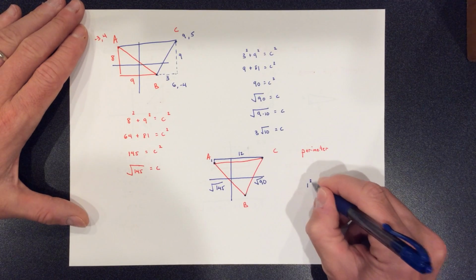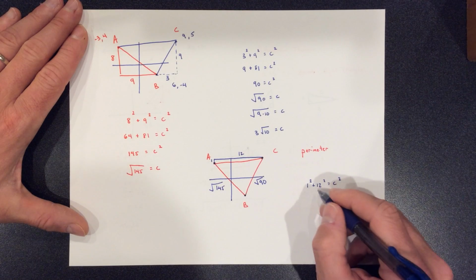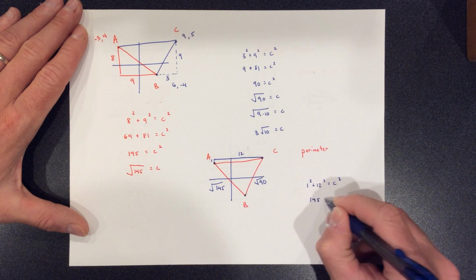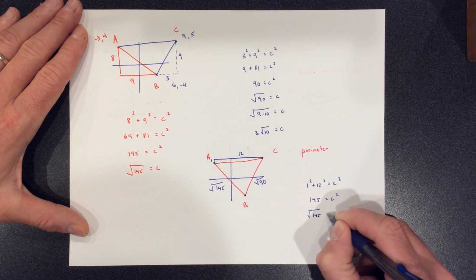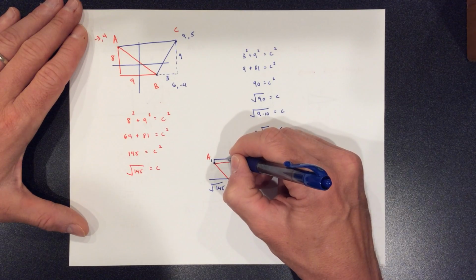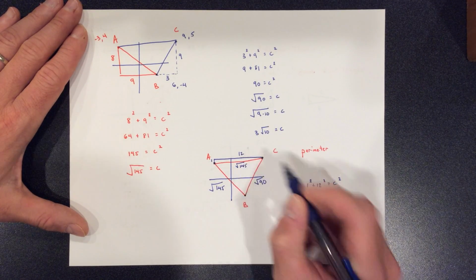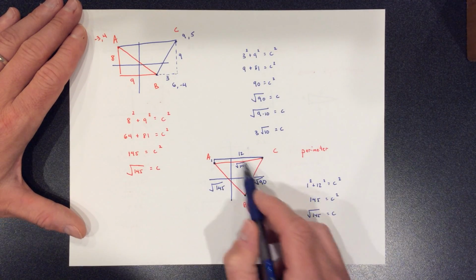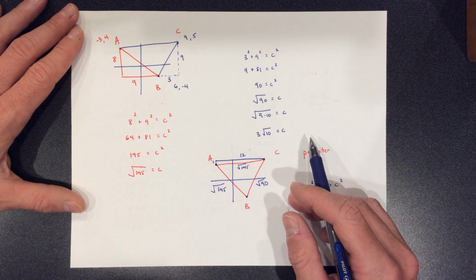So it's a 1 squared plus a 12 squared equals its own c squared. 144 plus 1, check that out, 145. Even though it's totally different dimensions, it's still the square root of 145. So this red here is also the square root of 145, and then you would take this plus this plus this. You probably would turn them to decimals, and then you know the perimeter of a triangle.